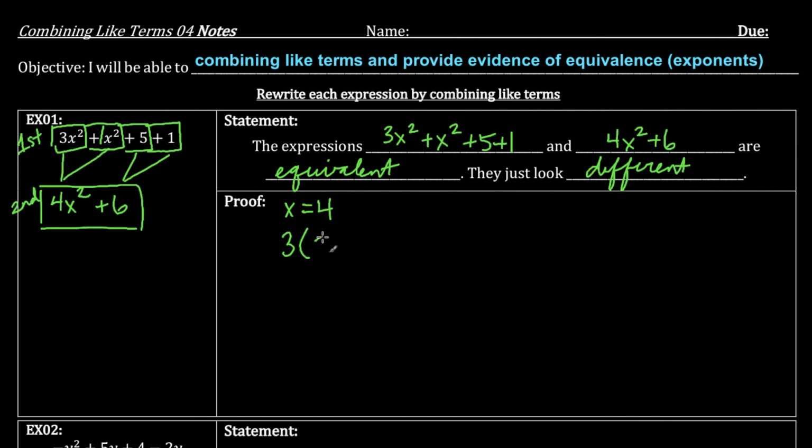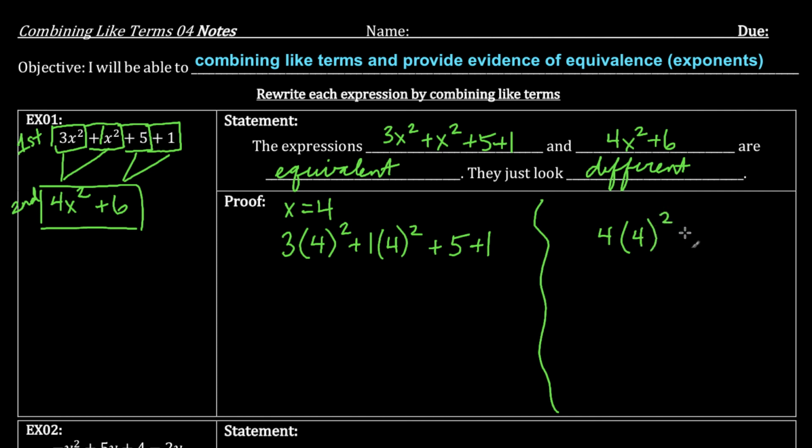Since it's so long, I'm just going to substitute already. 3 times 4 squared, plus 1 times 4 squared plus 5 plus 1 should be equivalent to 4 times, remember x is 4, squared plus 6.